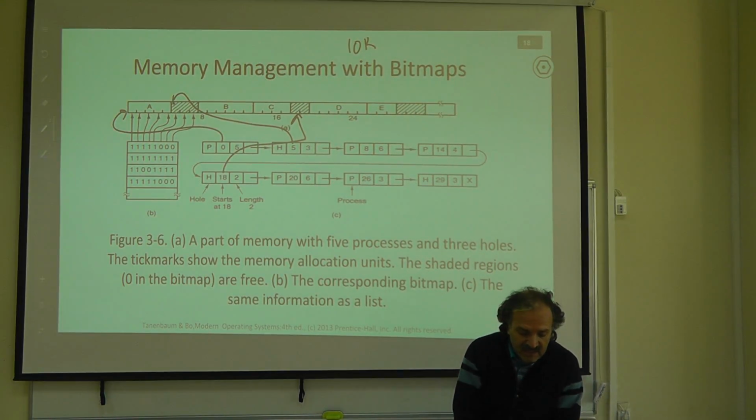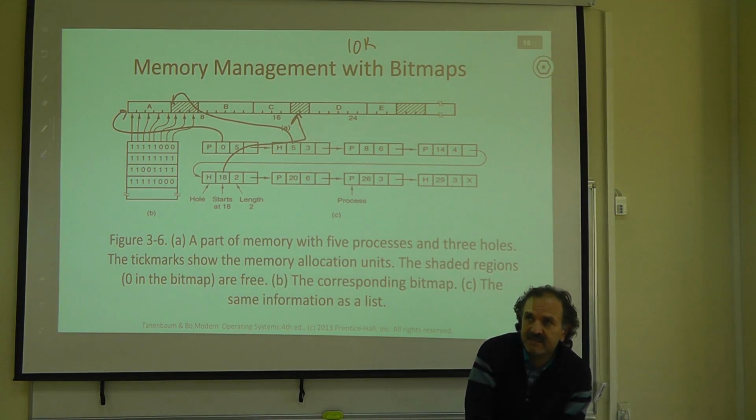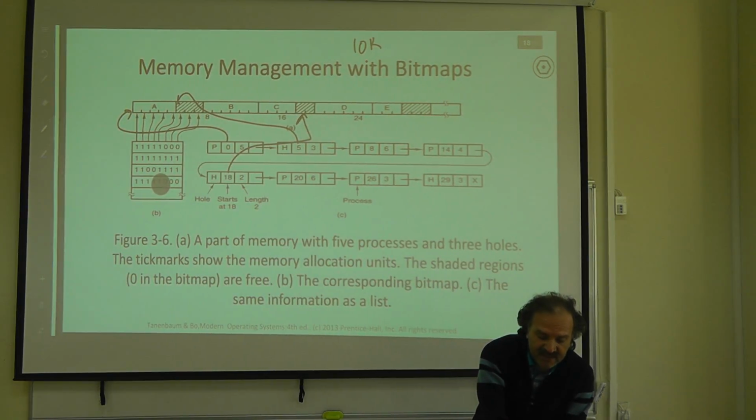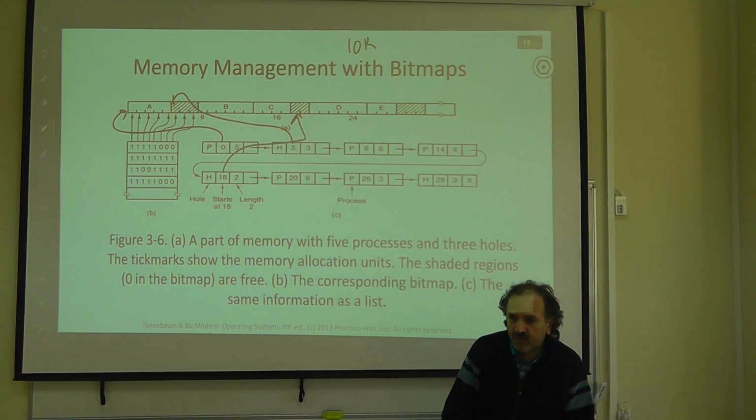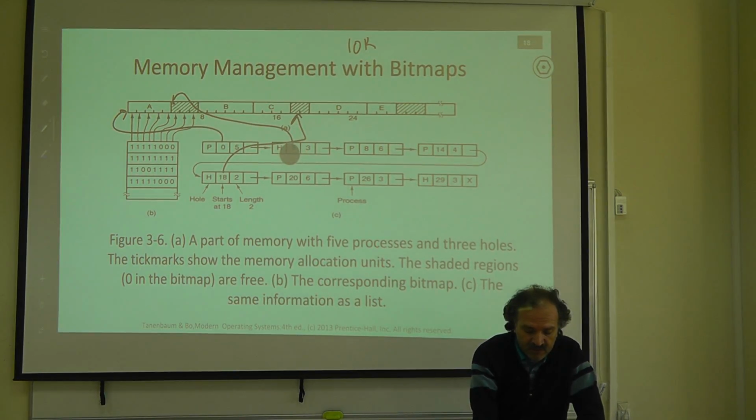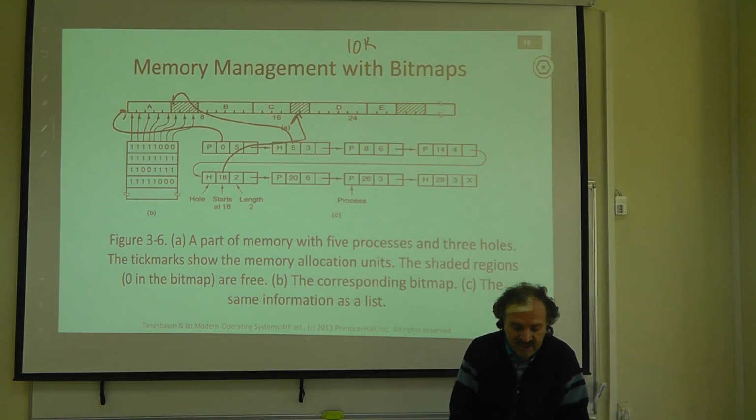So what is the advantage of this compared to the bitmap representation? When I have this type of representation, I don't need to keep a fixed size table. At the beginning, I have the largest memory available for all the programs, so I have only a single node or 2 nodes, one for the operating system, maybe one for the hole, because the whole thing is available.